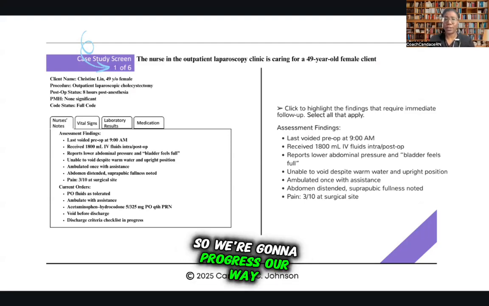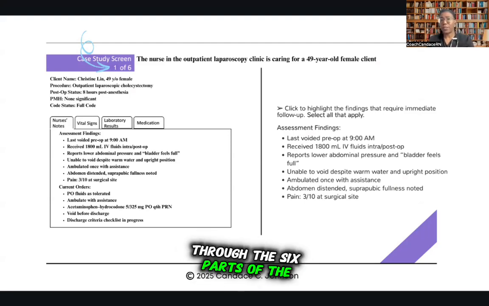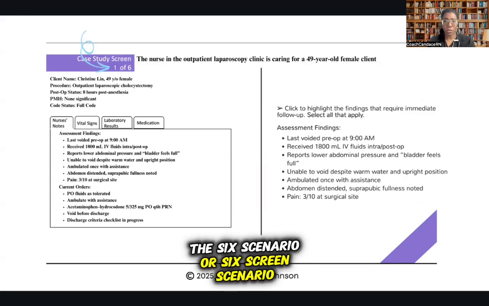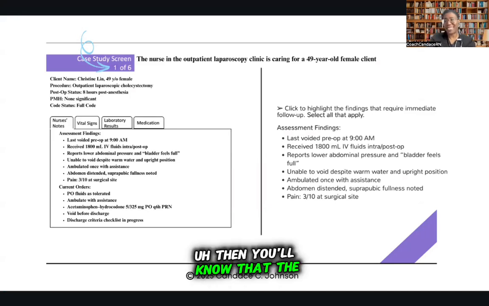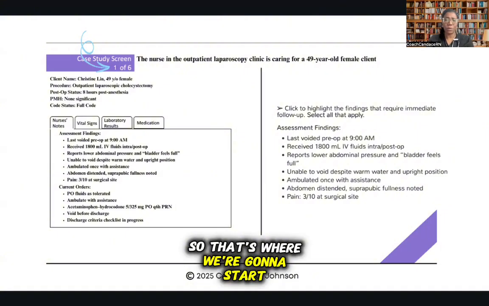So we're going to progress our way through the six parts of the clinical judgment model that is basically setting up the six screen scenario. That said, we're going to start here on screen one, which is usually where we recognize cues, right? If you know the RAP GTE formula, then you'll know that the R stands for recognize cues. So that's where we're going to start.